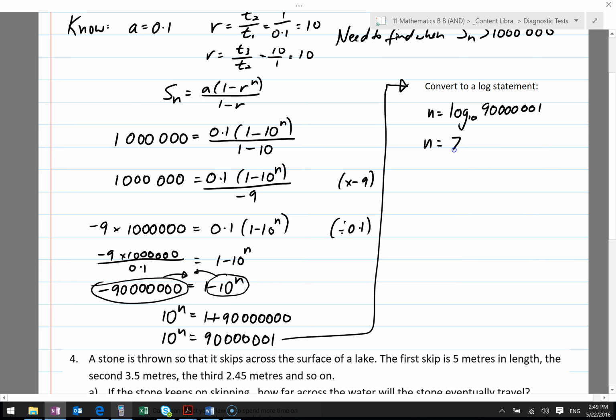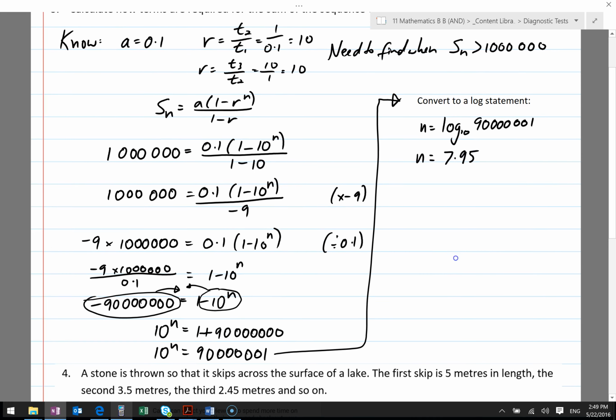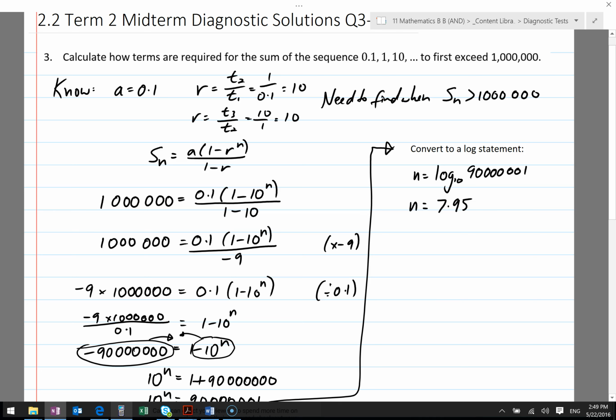So I'll put this down here, 7.95. When I look at these terms, they're always getting bigger. So 0.1, 1, 10, etc. If I only had 7 terms, then I'm not going to get to 1 million. So I'm going to write some conclusion here that I need more than 7 terms to get the sum of 1 million.